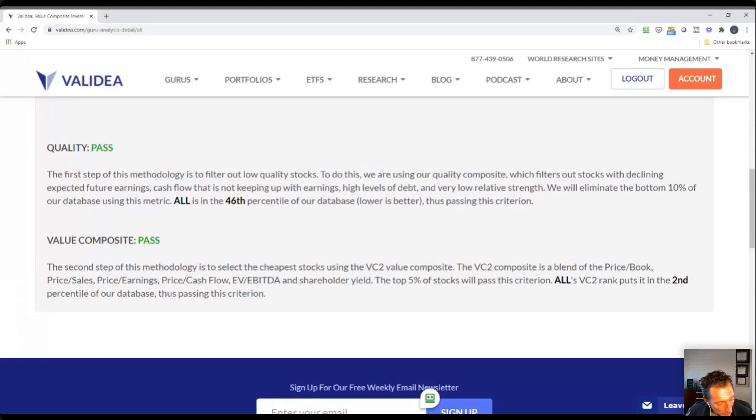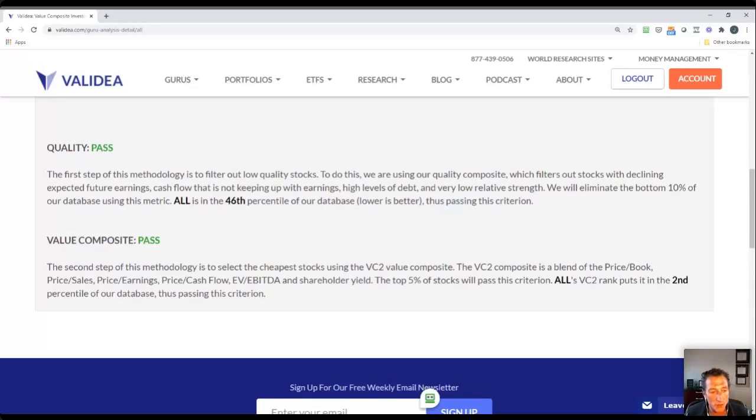So this is a good strategy. It's a value strategy, but it gives you a chance to analyze your stocks through a bunch of different value metrics. Obviously, we looked at Graham before. Graham was really looking at price to book and PE. Market cap wasn't in there. EV to EBITDA obviously wasn't in there. Shareholder yield wasn't in there. Price to sales wasn't in there.